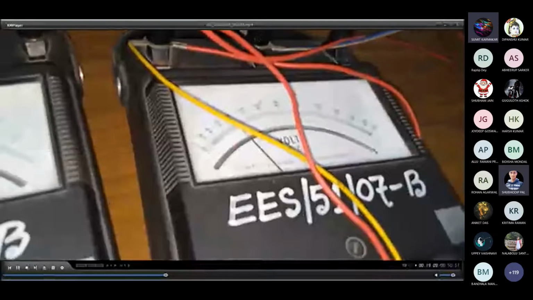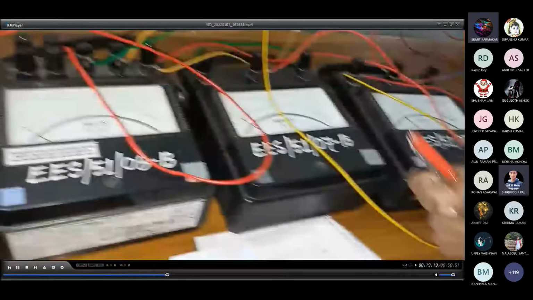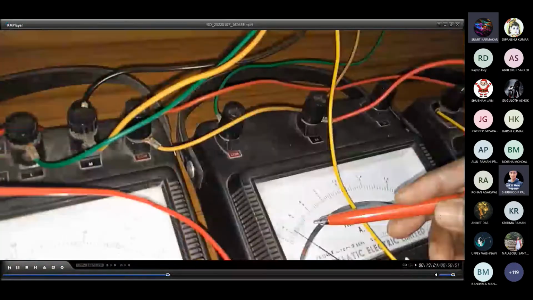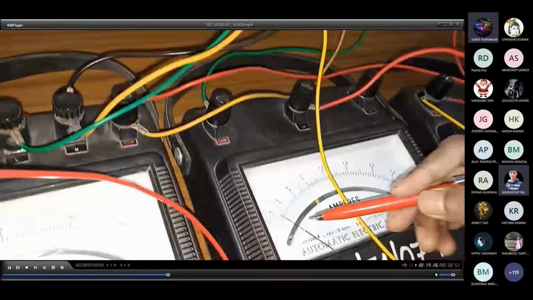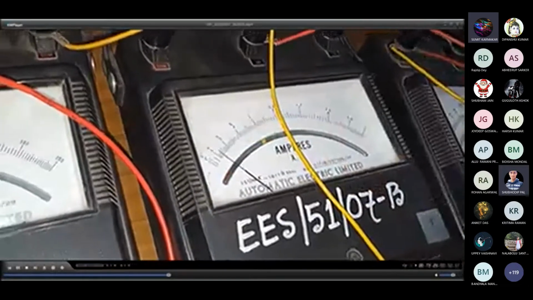Now we are noting this voltage, right? The voltage I have noted and the corresponding current. What is the current value? You can see it is again the upper scale. The pointer in the lower scale is 0.2, but at the upper scale it is 0.4, right?